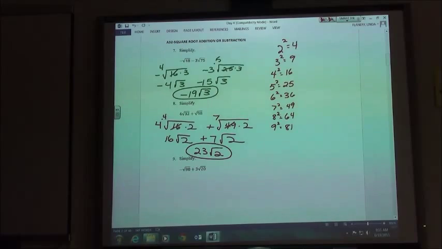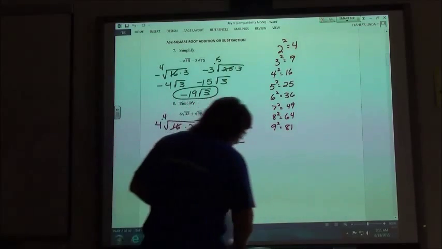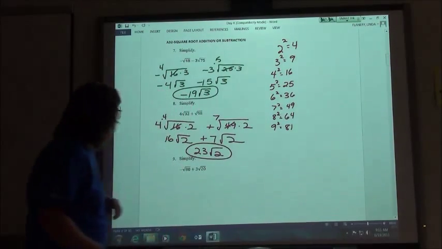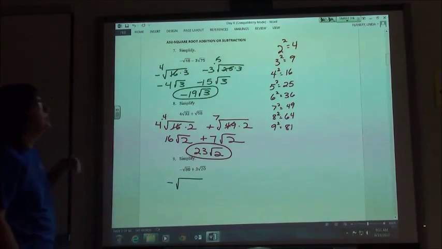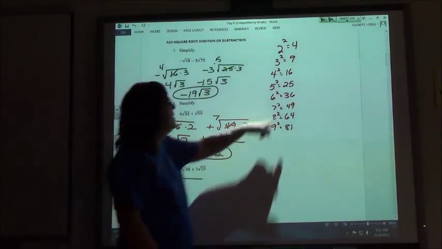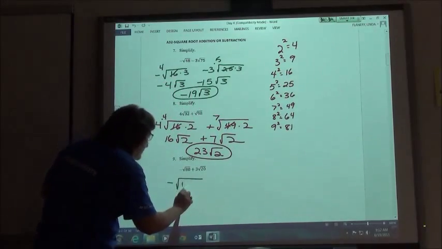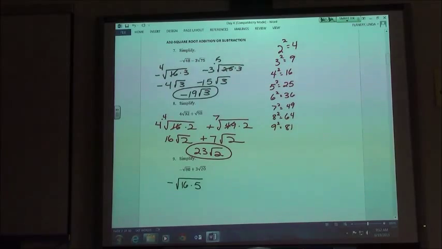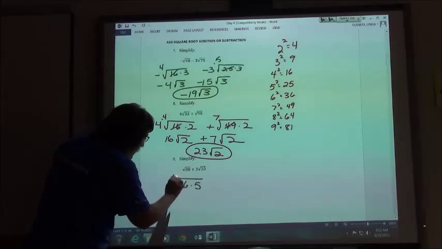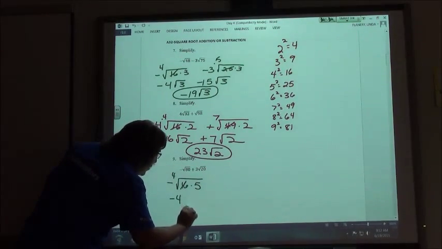And number 9, I have minus the square root of 80. 80 would be 16 times 5. Square root of 16 again is 4. So I have minus 4 square root of 5.